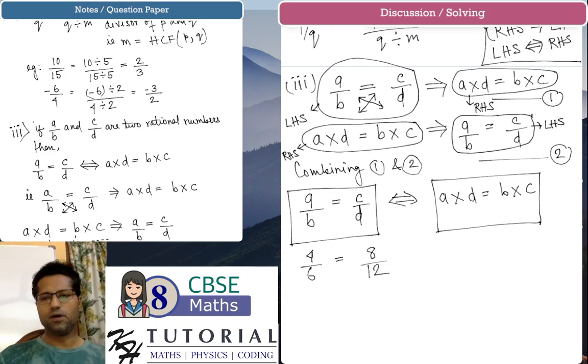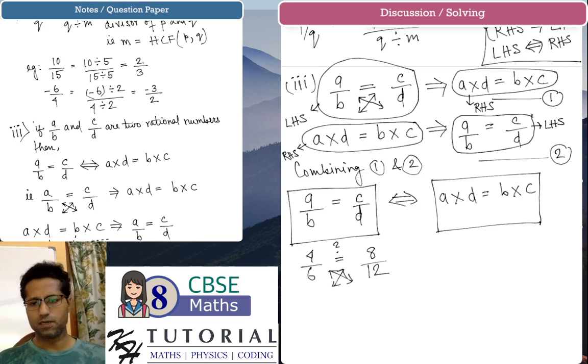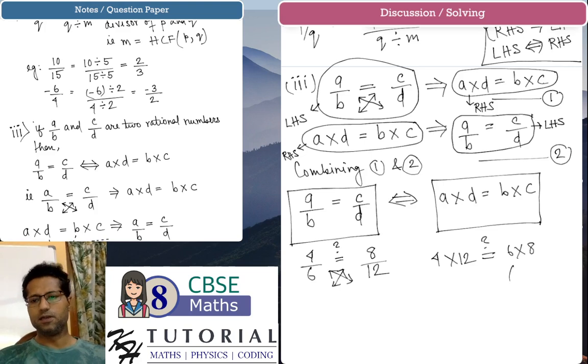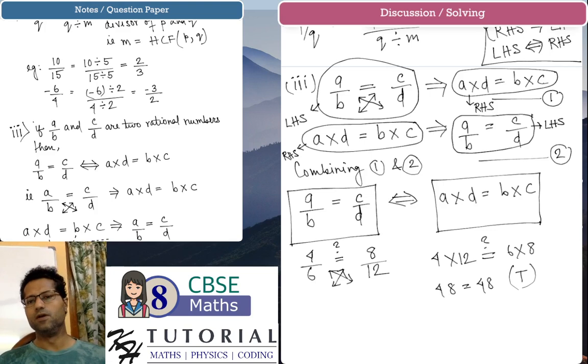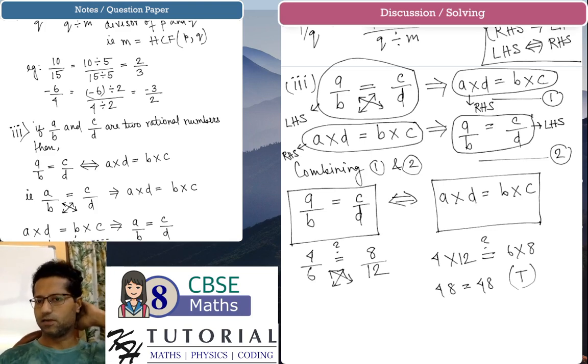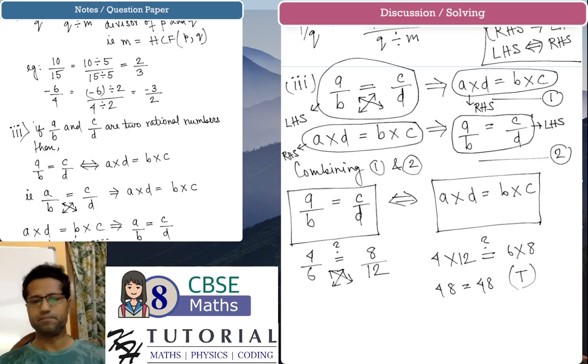You can quickly do a cross multiplication using this property 3 and verify whether 4 into 12 is equal to 6 into 8. This is indeed true, 48 equals 48, so 4 by 6 is equal to 8 by 12. To verify that two rational numbers are equal, you can use this cross product property.